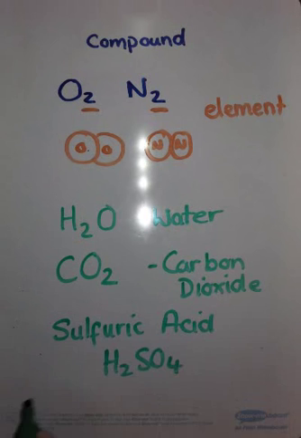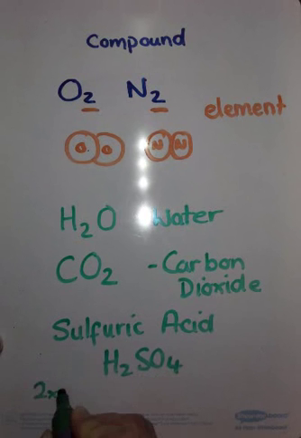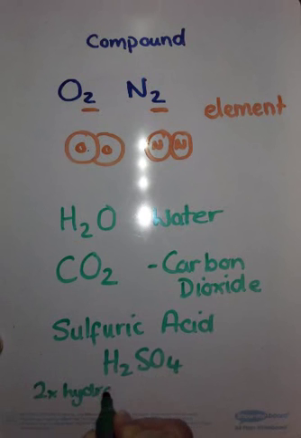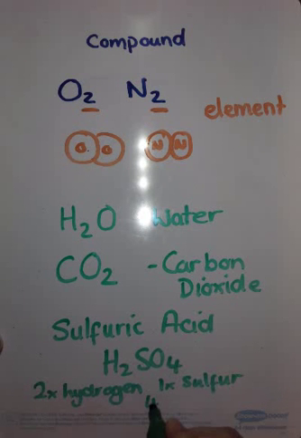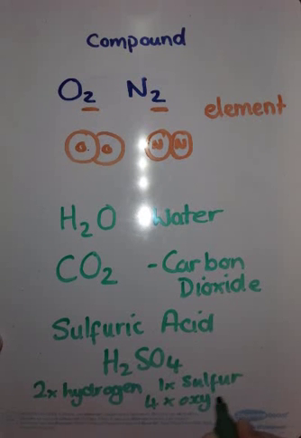Here we can say we've got 2 hydrogen atoms, 1 sulfur atom, and 4 oxygen atoms. If you were going to write this down, probably the easiest way is to say 2 times hydrogen, 1 times sulfur, and 4 times oxygen, and that would be something that you could reproduce in an exam.